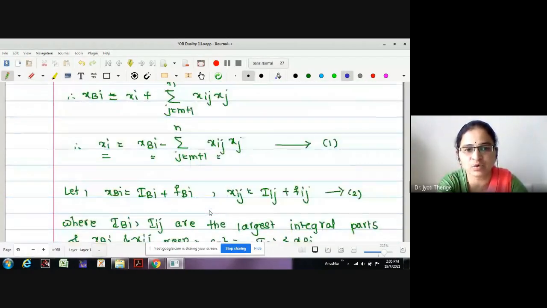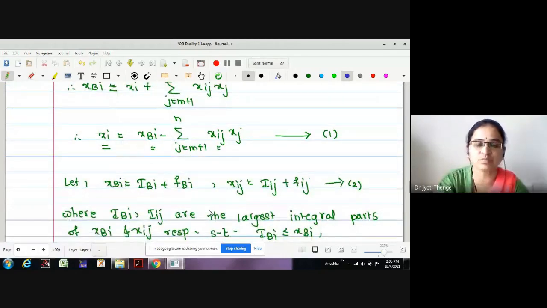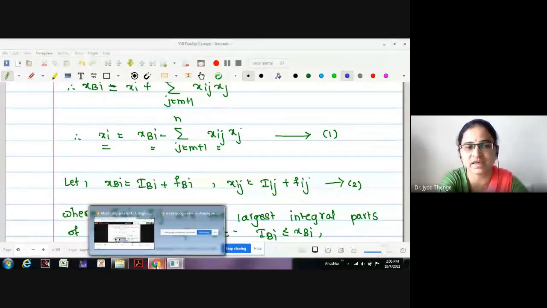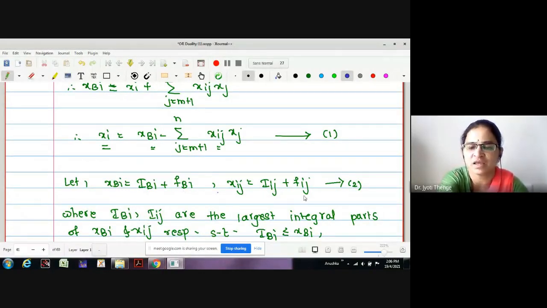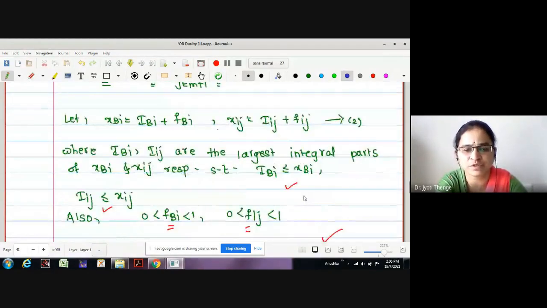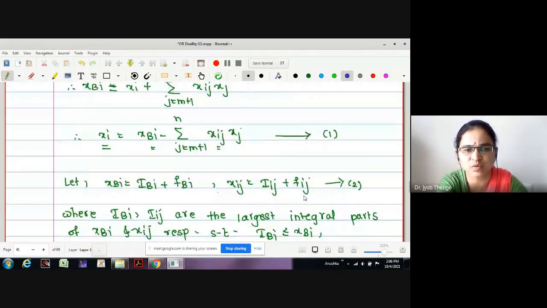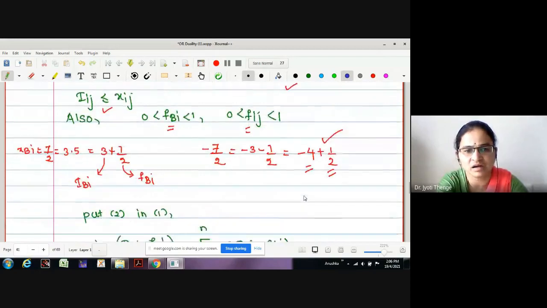By writing the equation in this format, equation number 1, we have separated the integer part and the fractional part of both the values of the variables xBi and aij, that is as [xBi] plus fBi and [aij] plus fij.